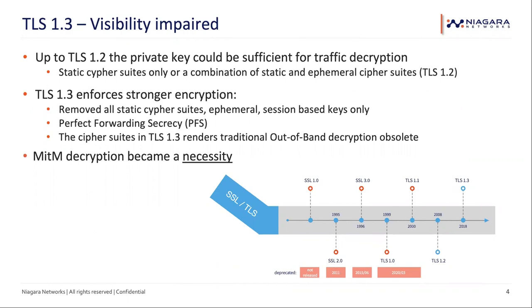You could compare it with leaving your house: every time you come back, you have to use a new key to open your door. So that also means that it becomes very hard to decrypt the traffic because we just don't know that key. And that also means that a man in the middle, pretending to be the server and pretending to be the client, becomes a necessity to decrypt traffic.